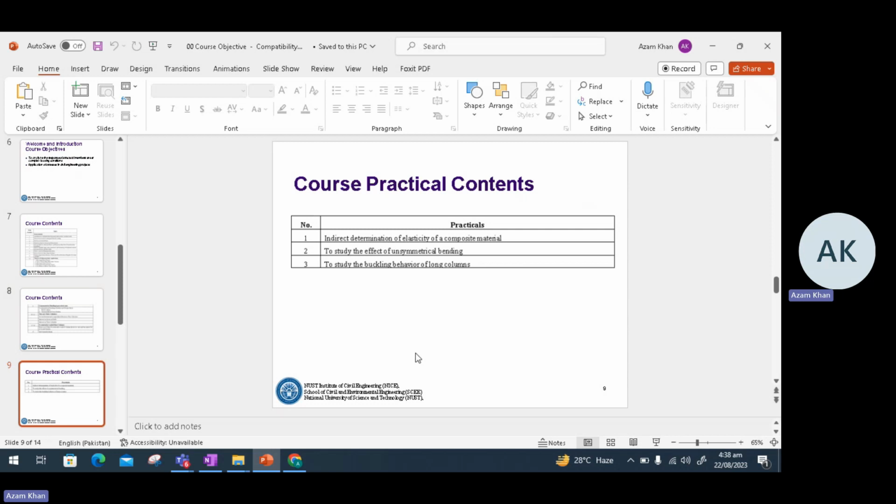Then you will see how unsymmetrical bending is performed in the lab. Finally, study of buckling behavior of long columns. So eccentrically, concentrically loaded columns will be discussed in another practical, and this will try to hammer in the concepts which you would develop in the class.